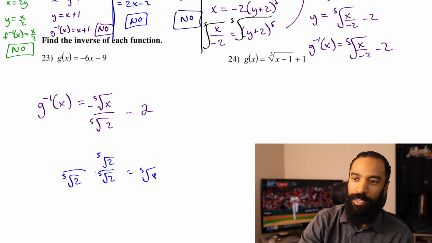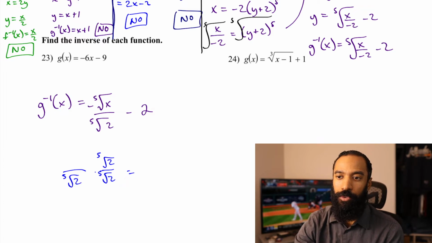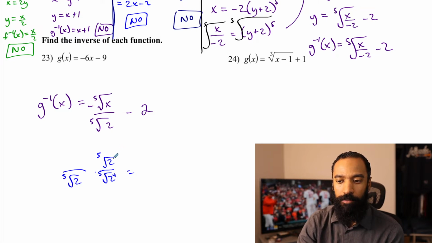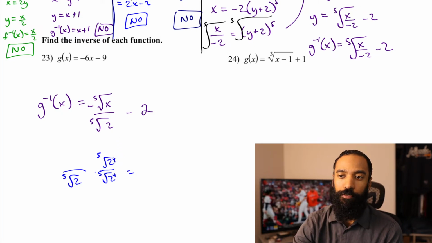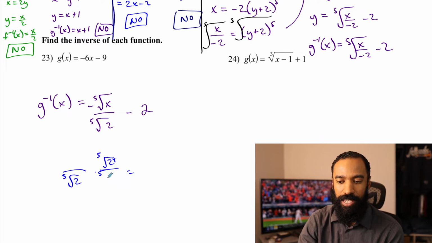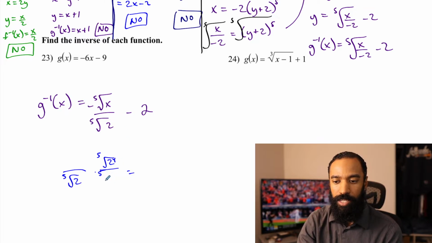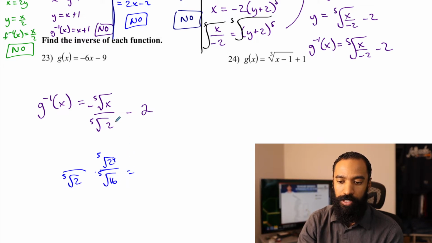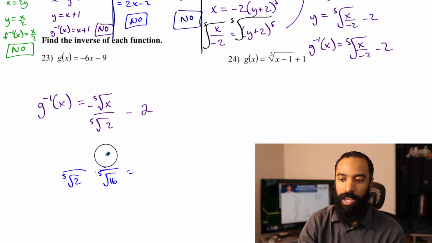You need to find the first fifth-power value that rationalizes this. That means we need the 5th root of 2 to the fourth. We need one more power of 2 to make 2 to the fifth, and 2 to the fourth is 16. Rationalizing these denominators isn't quite as easy as rationalizing square root denominators. So this would be the 5th root of 16 that you want to multiply on top and bottom.